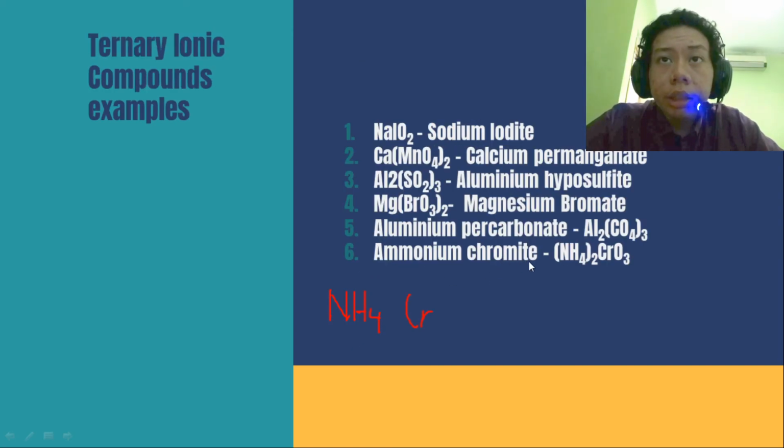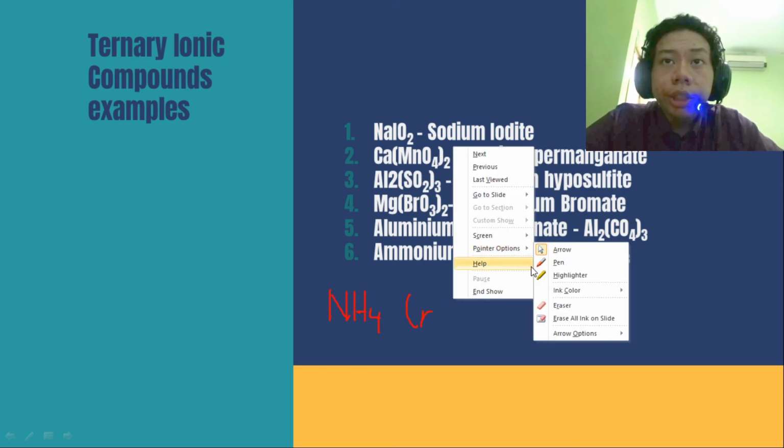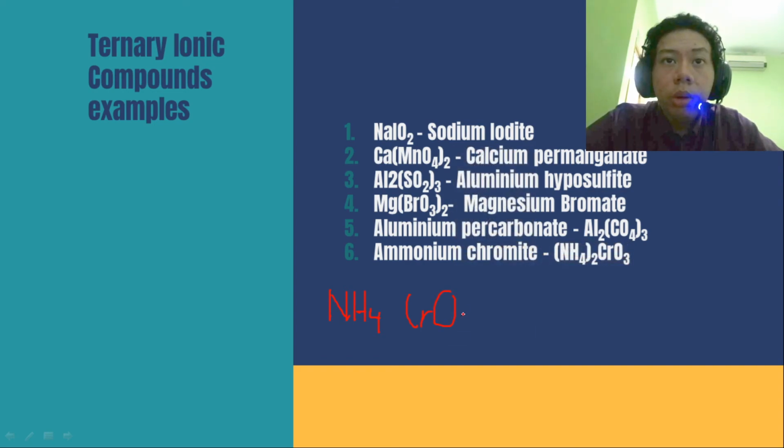But here it is chromite with ITE, which means it has one less oxygen atom, so CrO3. Then we can determine the net charges of each compound. So NH4 has +1, CrO3 has -2.